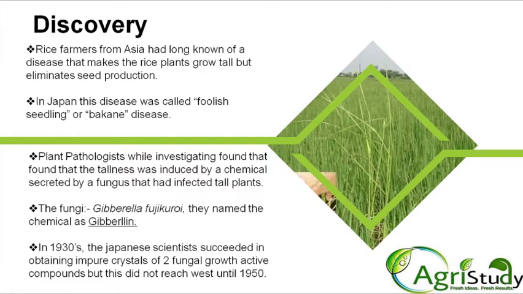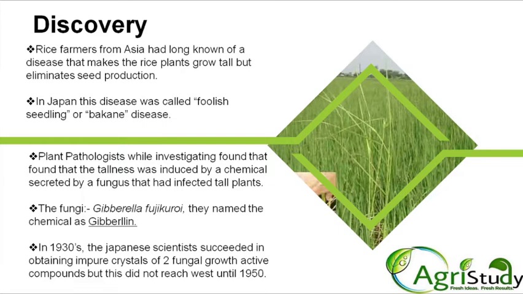It was native to Japan, so the Japanese scientists were working on it and obtained impure crystals of these two fungal growth-active compounds. That means they tried to extract the impure crystals of the chemical that is very important for this tallness, and such research activities were done by the Japanese scientists.